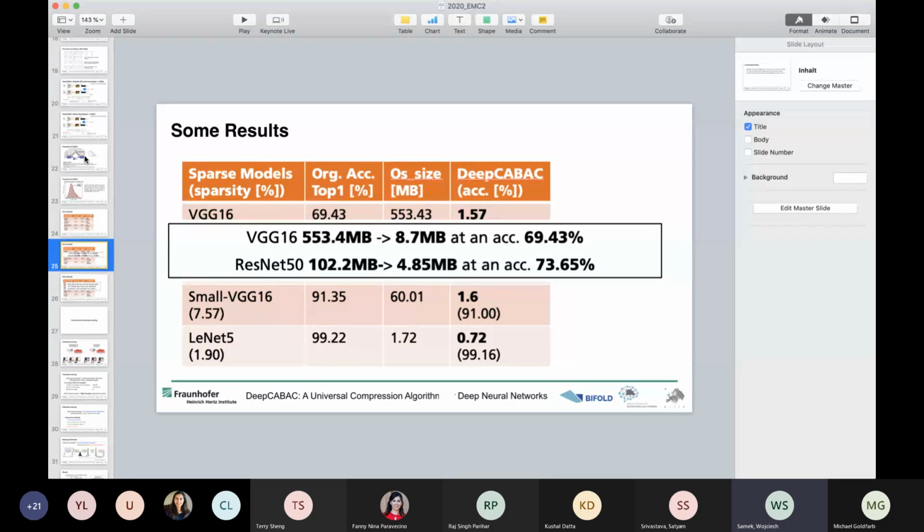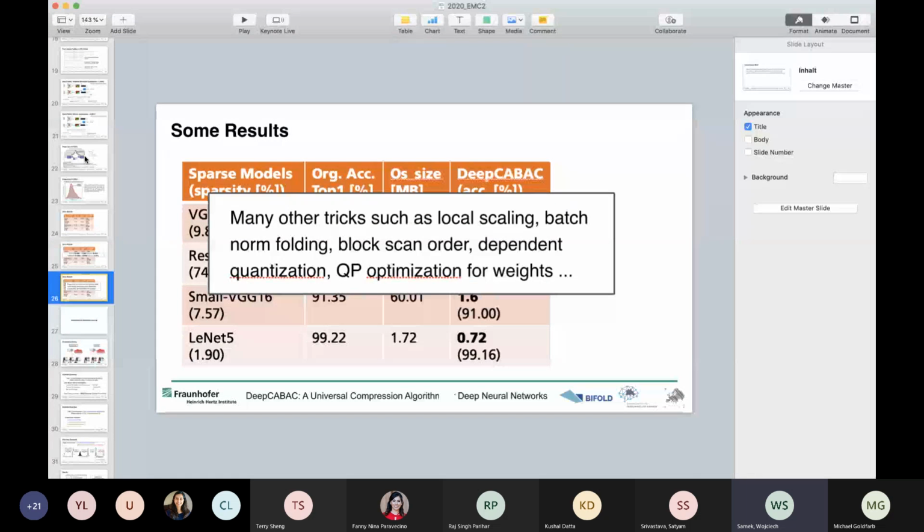In this MPEG standardization, we have I think 5 or 6 different models. These techniques are developed so that they also work for other kinds of networks, like MobileNet or more state-of-the-art networks. And there are also many other tricks which we developed in the last months of standardization. For example, you could use local scaling, batch norm folding.